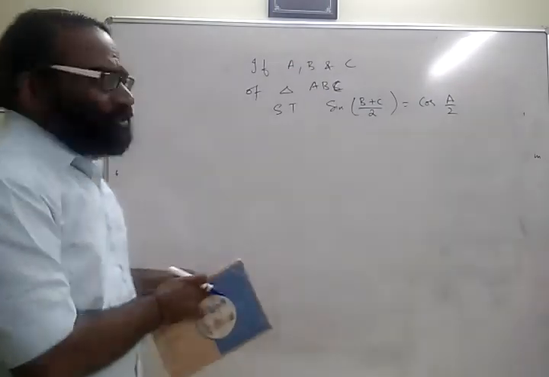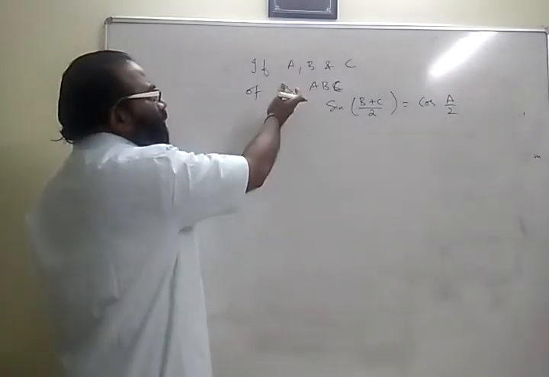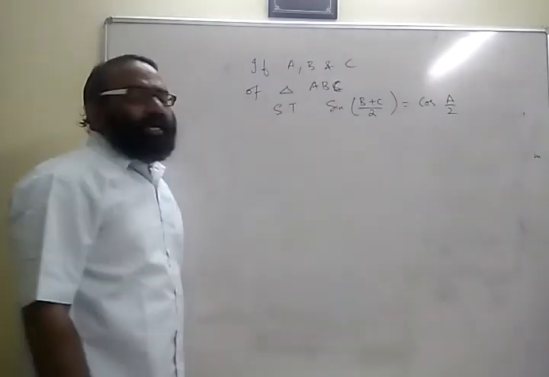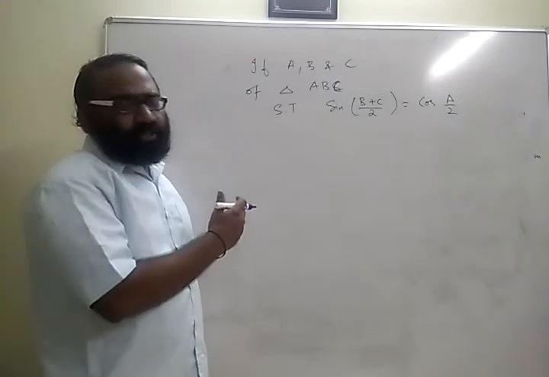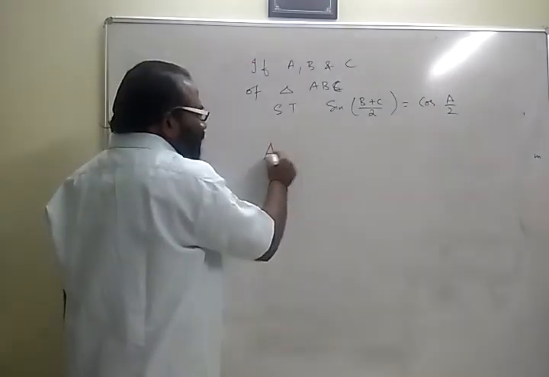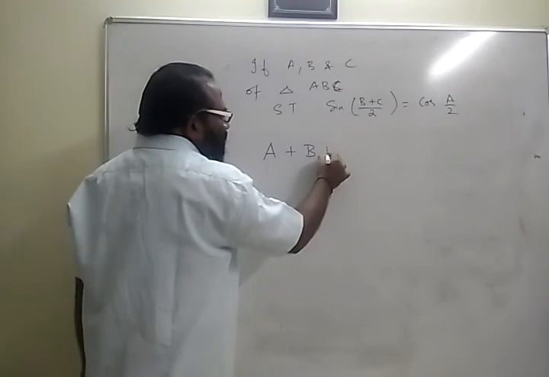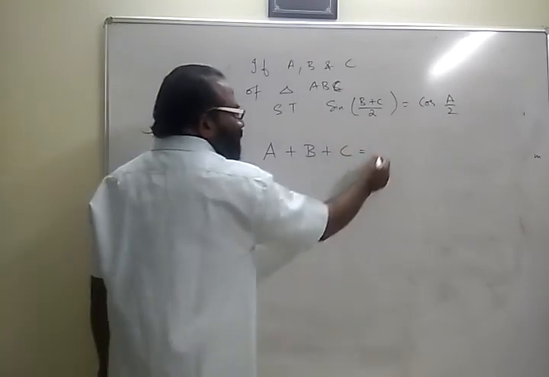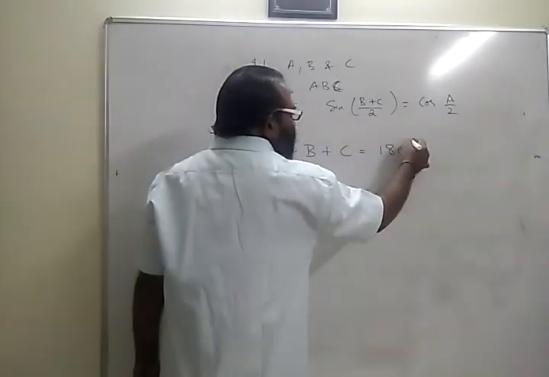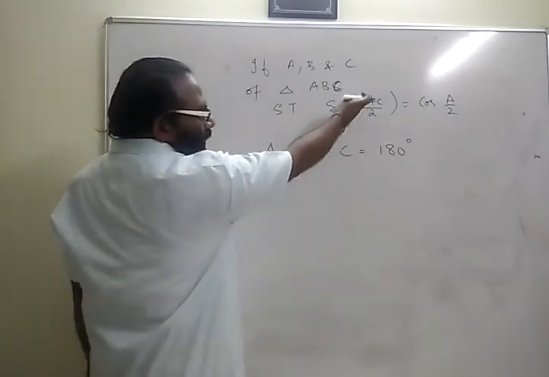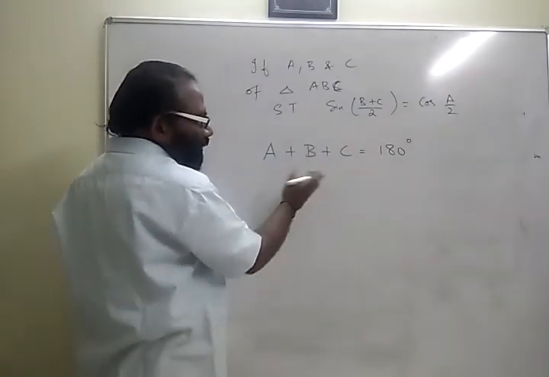There are various approaches they use. Let me show you one of the approaches. If A, B and C are the interior angles of a triangle, that means that A plus B plus C equals 180 degree. So here I have B plus C by 2. I want it in the same way.